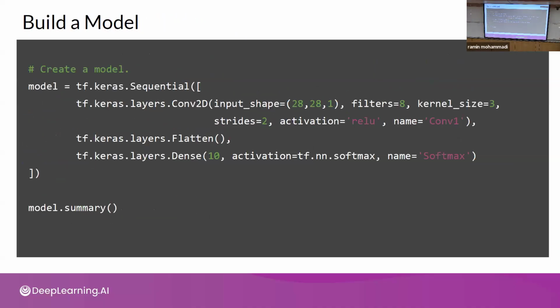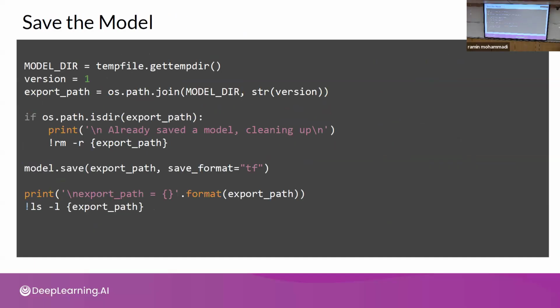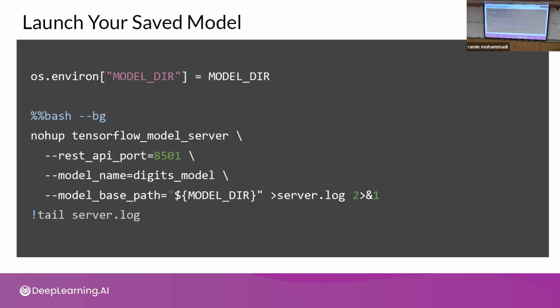You have this model, you train it, you save it, and then you want to load it. Up to this point, we just saved the model, and now you load it using TensorFlow Serving. You specify the API port you want to load it on, and where the model is. This provides an IP and port on which the model is served.